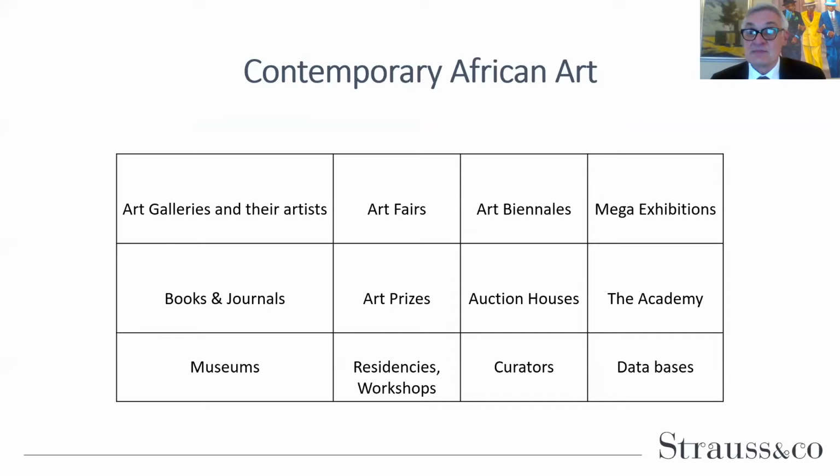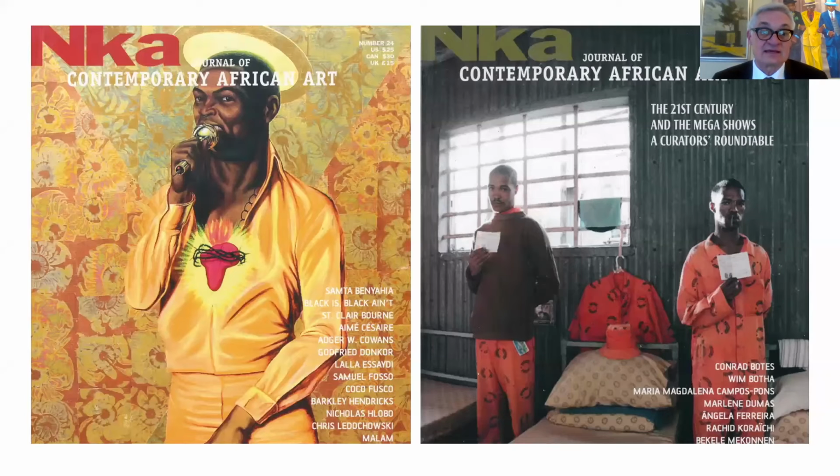For example, if we can just look at art journals, for instance, NKA deals with contemporary African art.